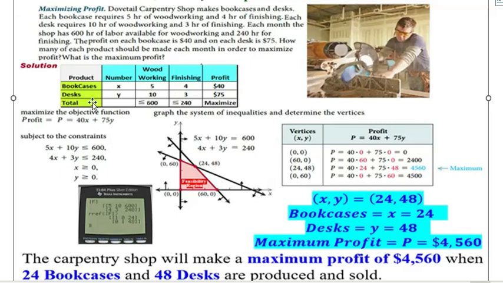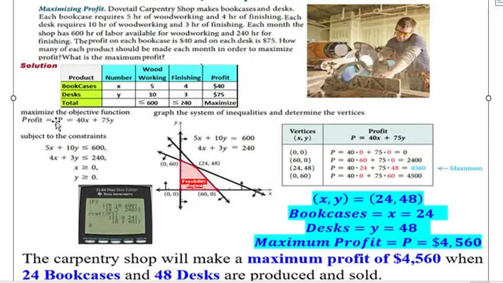And the constraints are we have only 600 hours for woodworking. That means we can use only 600 hours or less. Then for finishing we can use the maximum 240 hours or less. And the objective is to maximize the profit.